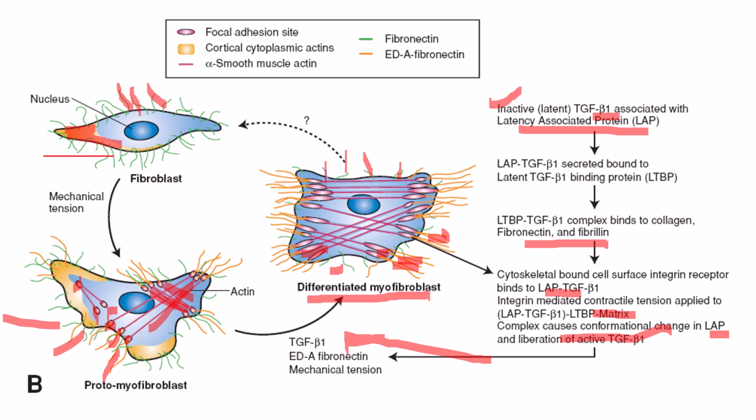The alpha smooth muscle actin and focal adhesions are critical for contractility and stabilization of the myofibroblast, and integrin in the focal adhesion link the actin cytoskeleton to the extracellular matrix proteins such as collagen and fibronectin. The fibronectin and EDA fibronectin provide a provisional matrix for fibroblast attachment and differentiation.